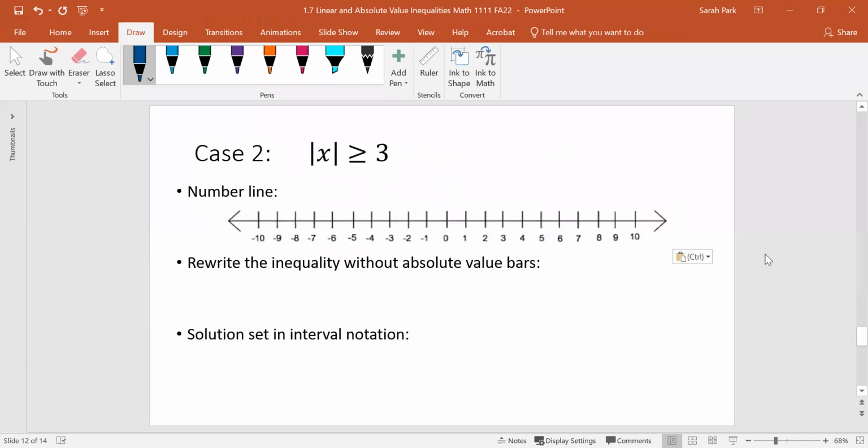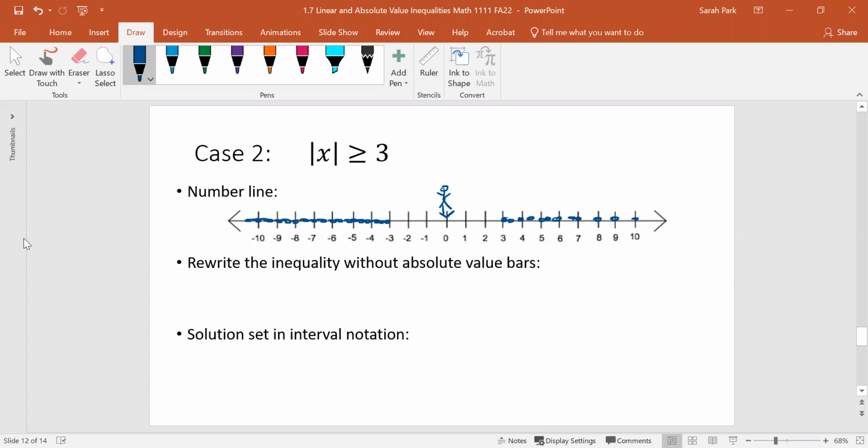But this one is you're trying to find friends who are, if you're at 0, we're just going to pretend you live where 0 is at, 3 miles or more from where you're located. So that's definitely going to be 3. It's going to be 4, 5, 6, 7, and so forth, and of course all the numbers in between. And then in the negative direction too, these friends are also, and I keep saying friends, but you know what I mean, numbers.